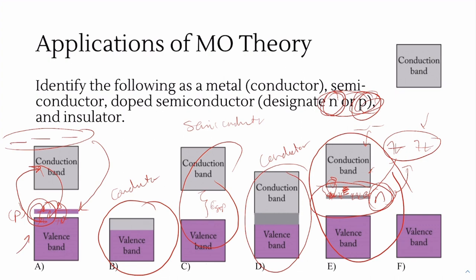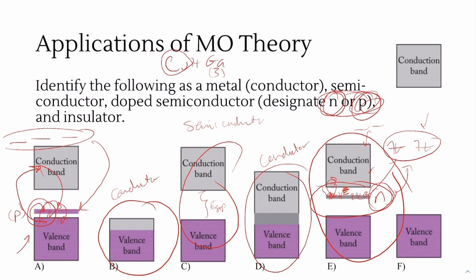Now, some people may ask, how would you dope? All we do is create something like alloys. Alloys are just mixtures of metals. Let's say I have copper. If I dope it with, let's say, gallium, gallium is in group 3 on the periodic table. So that means it has fewer valence electrons than copper would have.